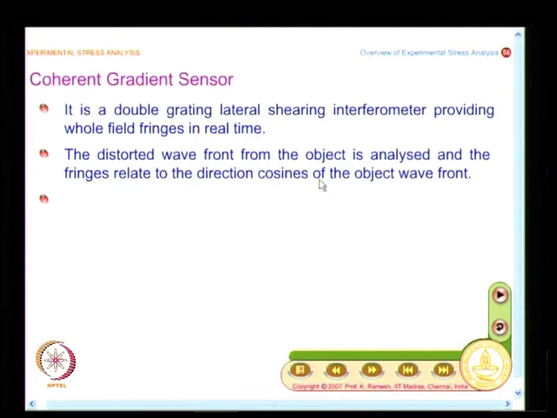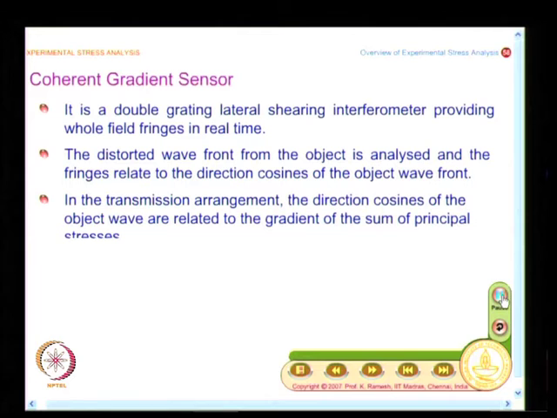This is what you essentially do in the optics, and this has different meanings when I do a transmission arrangement or when I do a reflection arrangement. So, what you find here is, in a transmission arrangement I relate these to the gradient of the sum of principal stresses.